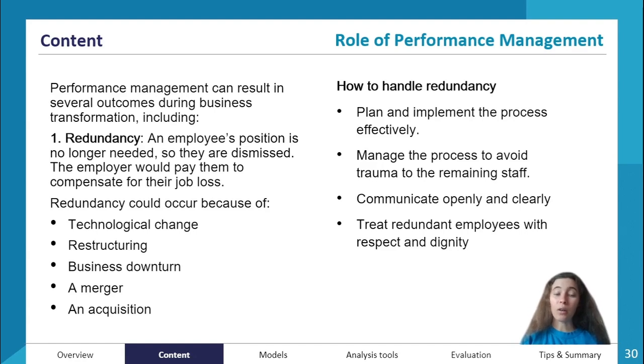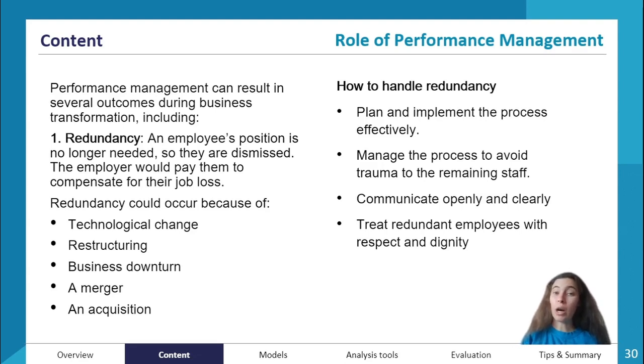Redundancy can occur for lots of different reasons. COVID was one example, but you can also have technological changes. If you've got automation, or technology that can take over and do the work of people, then people may not be needed anymore.